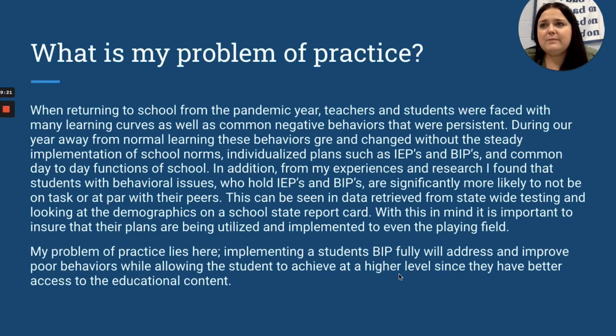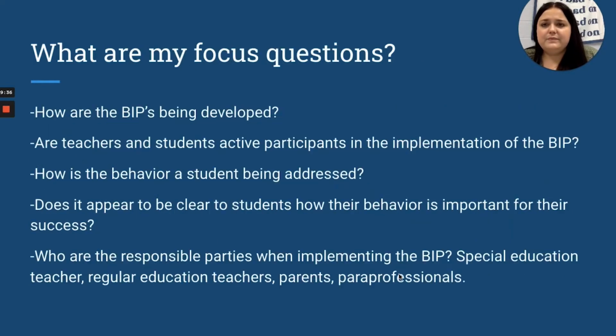Keeping in mind that a lot of times there are behavior issues, I looked at my office's disciplinary records and how many kids hold behavior intervention plans, and really saw all those pieces.